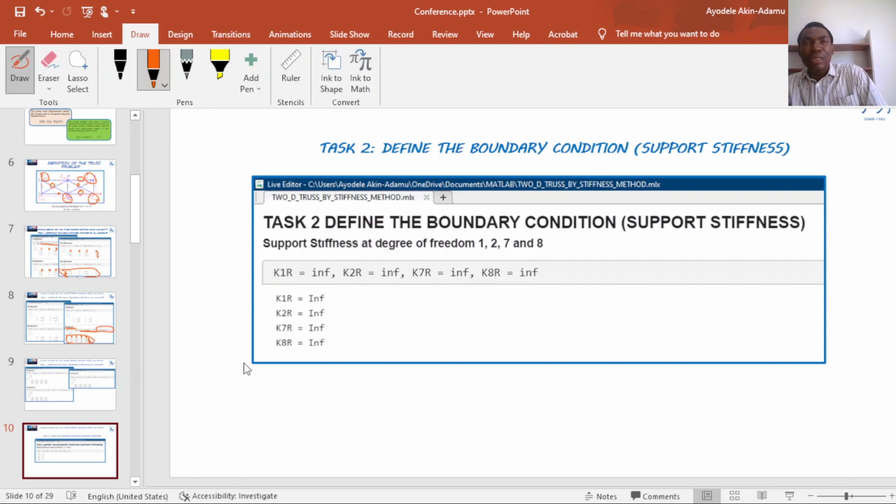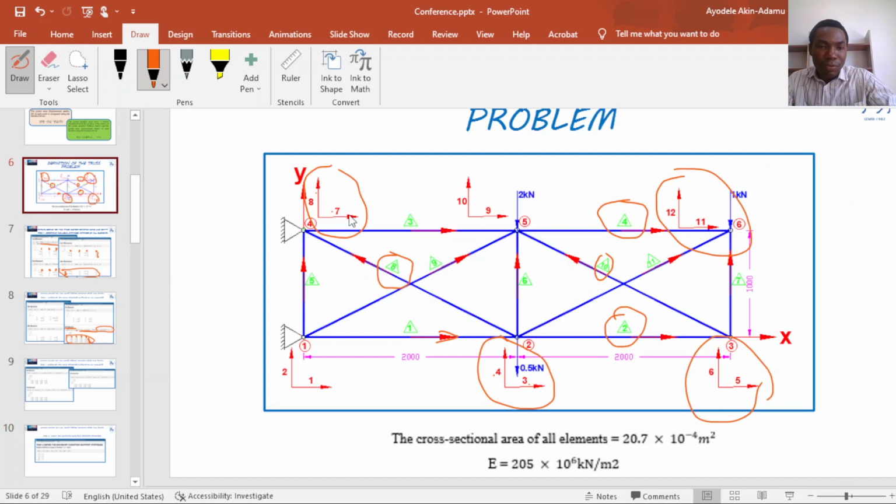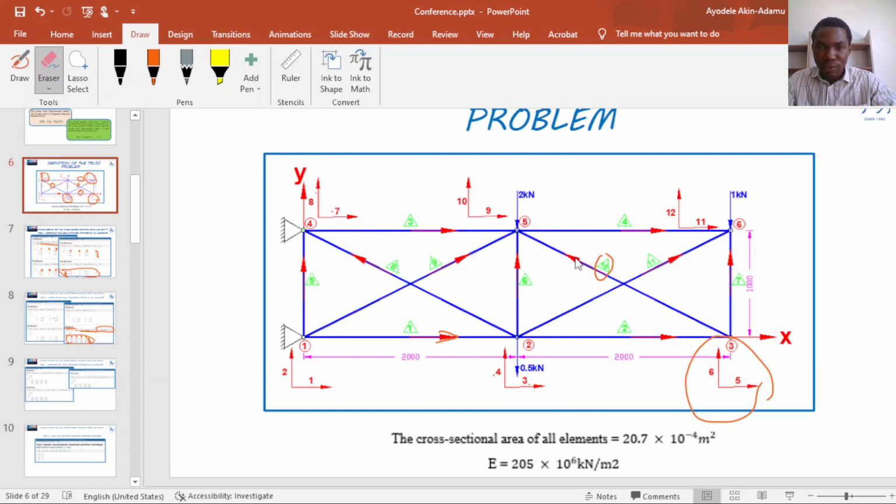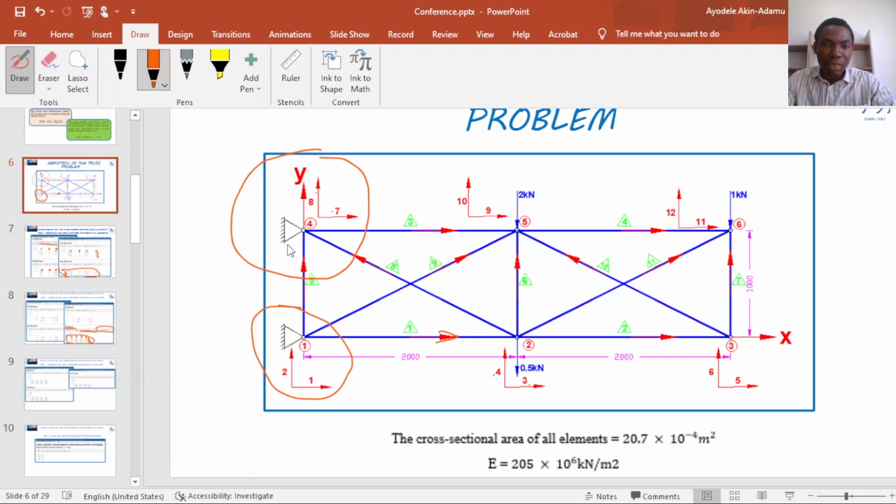we need to define a large stiffness to our support degree of freedom. For this problem, our support degree of freedom is at node 1 and node 4, because that's where we have our supports.